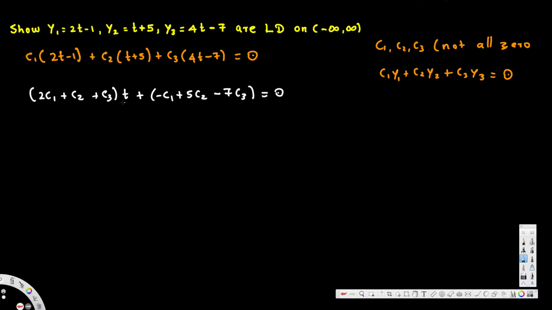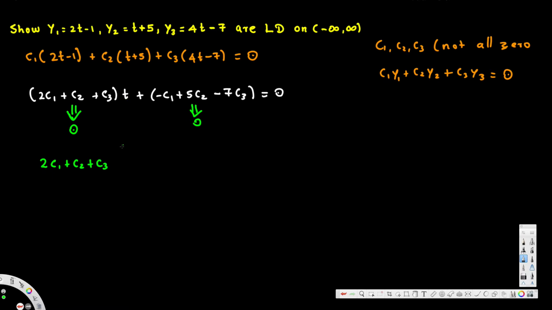Here you can see that in order to be 0, this one has to be 0 because we are adding these two together. So this whole thing has to be 0, and also this whole thing has to be 0 in order to be altogether 0. So first let's pick up this one, 2c1 plus c2 plus 4c3 times t is equal to 0.